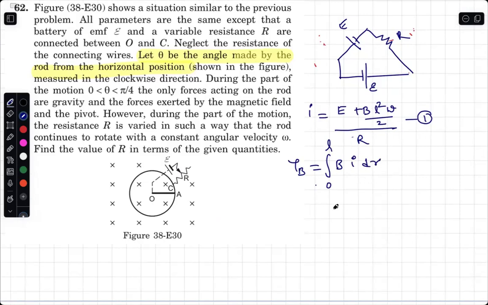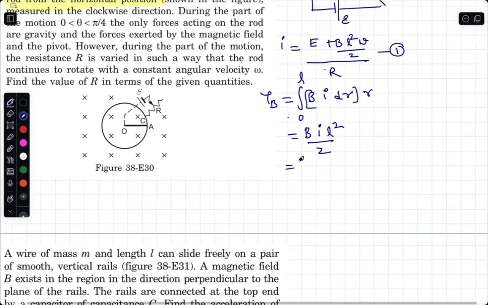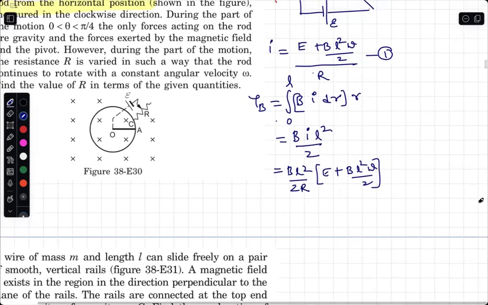And all the I term is a constant, B I dr. So you will get B I dr. And torque means force into distance. So you will get B I L square by 2. And that is again B L square by 2R times E plus BL square omega by 2. This is tau B. And rest everything as it is.